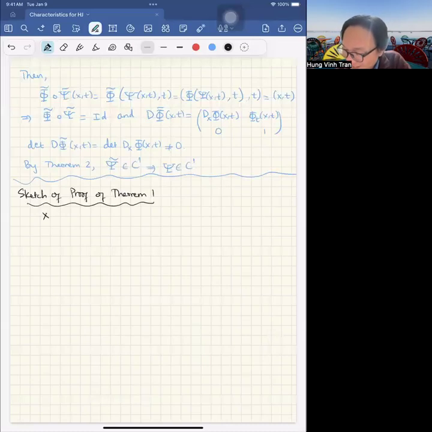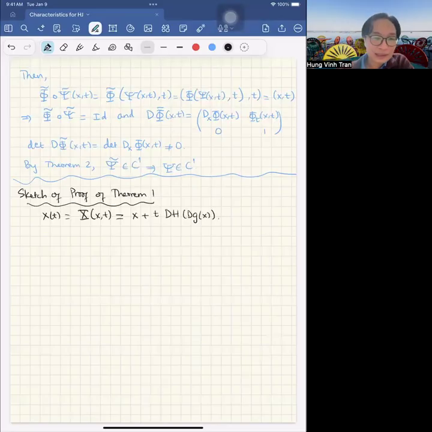Let me denote it by capital X of (x,t), that we start at the point x at time t. This is going to be x plus t times the gradient of h at the gradient of g at x. This is our characteristic. So if we start from x0 here, we would end up with this point, capital X(x,t).